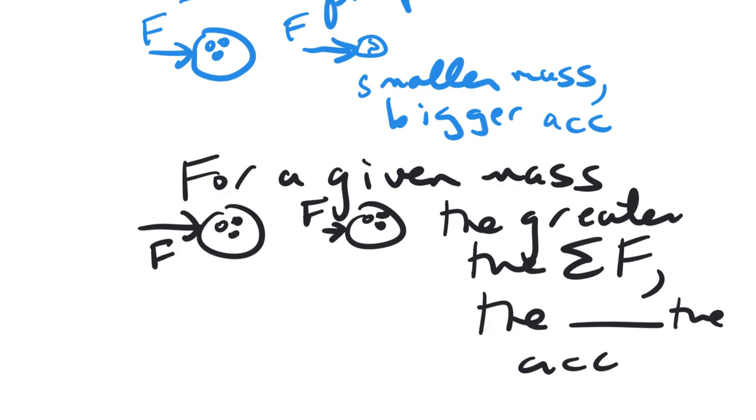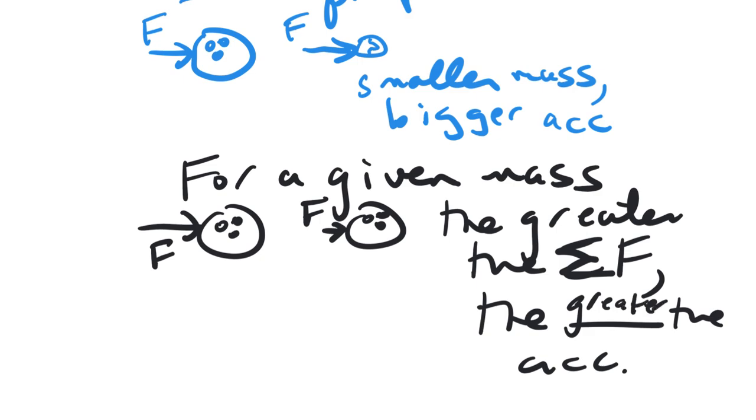So if I kick a ball harder, of course it's going to accelerate faster, at a greater rate, and it will come off my foot or my hand faster than if I applied a smaller force. The greater the net force, the greater the acceleration.